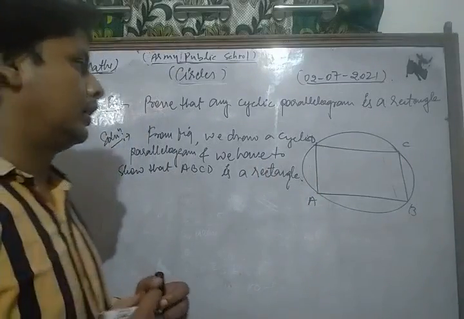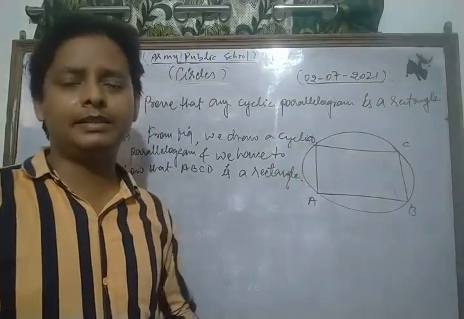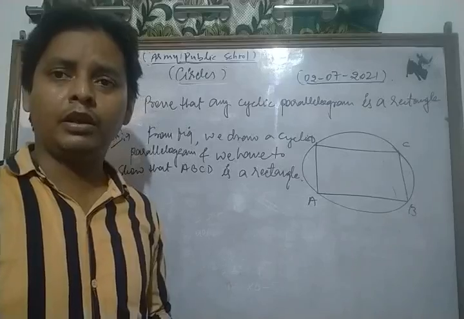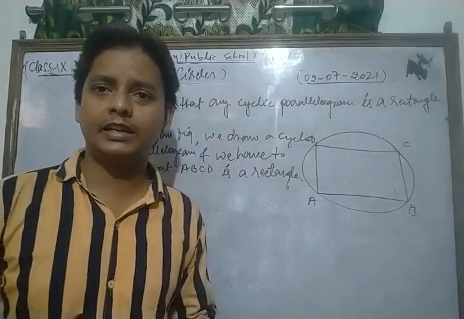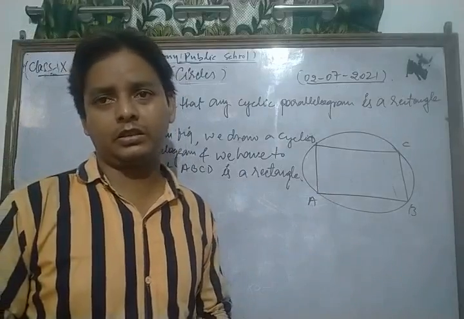Dear students, if we have to show that parallelogram ABCD is a rectangle, we need to show that one of its angles is a right angle. Then it is clear that ABCD is a rectangle.